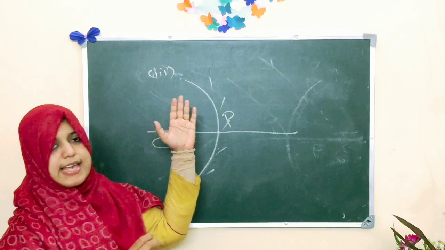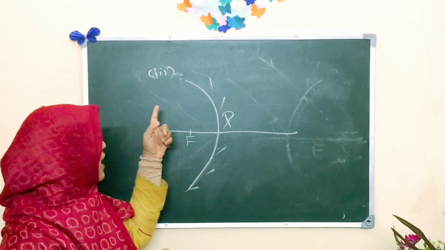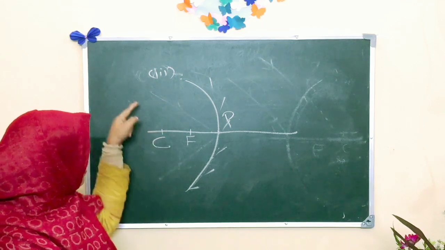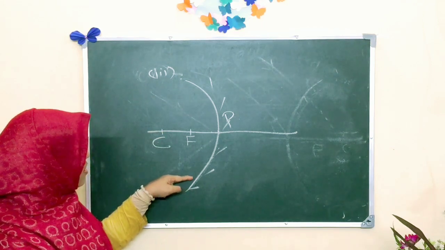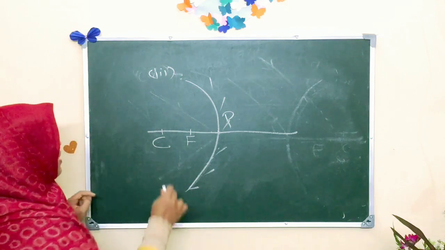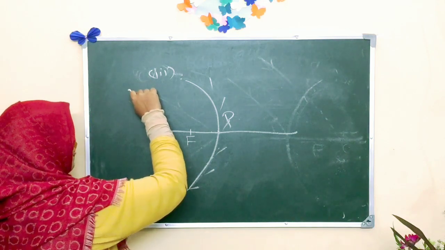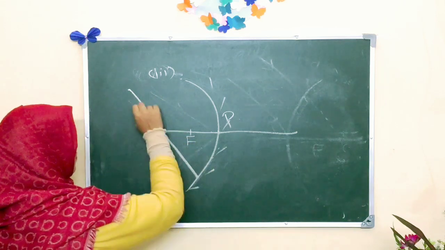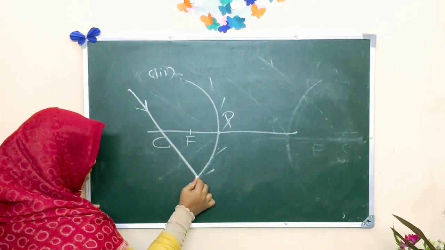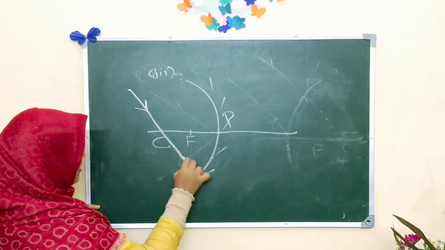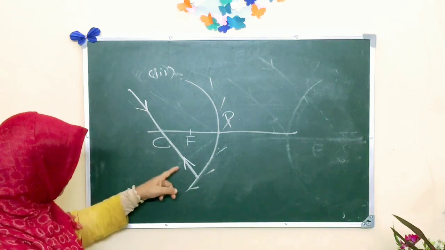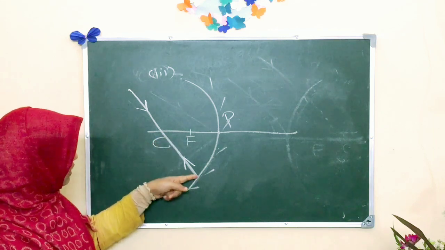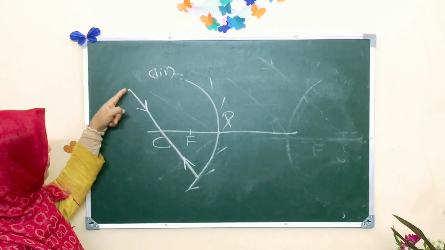In this third rule, any incident ray passing through the center of curvature, after reflection retraces its path, that is, it is reflected back along the same path.